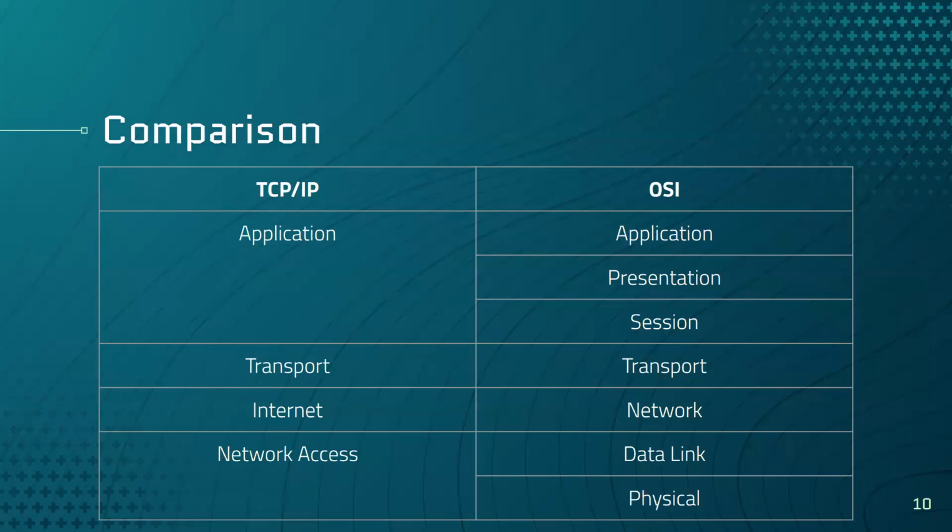We have network on the right and internet on the left. They're basically exactly the same. The important parts are that in OSI, you have these session and presentation layers, and in TCP/IP, there's just an application layer that encompasses everything. And then OSI also splits network access into 2 sections called data link and physical.